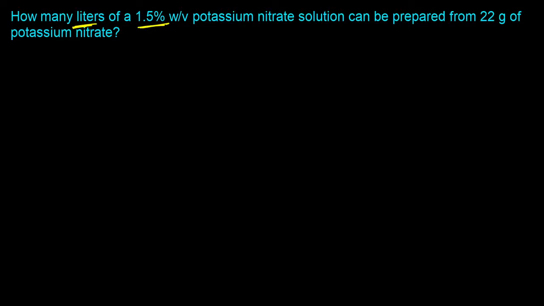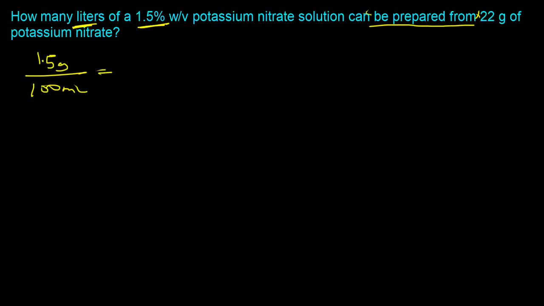Now there's a phrase here which says can be prepared from, and that would help us understand how your proportion will look. Just keep an eye on this phrase so that if you see it in the future, you know how your proportion would look. To start off, we make use of the percentage concentration. So 1.5% indicates you have 1.5 grams of potassium nitrate in 100 milliliters.